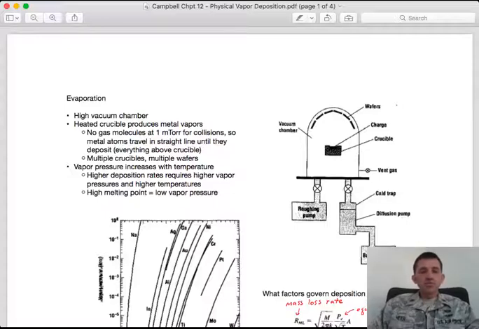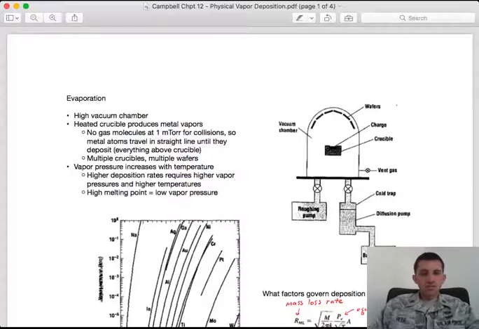The distribution is shifting to higher energies. More of those atoms have enough energy to overcome the intermolecular bond, and we see that as a rise in the vapor pressure. This chart makes it look less dramatic because the y-axis is on a log scale, right?